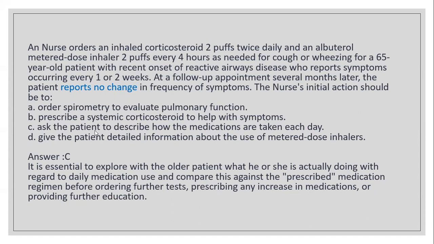C, ask the patient to describe how medications are taken each day. D, give the patient detailed information about the use of the metered dose inhaler. The correct answer is C: ask the patient to describe how the medications are taken each day.